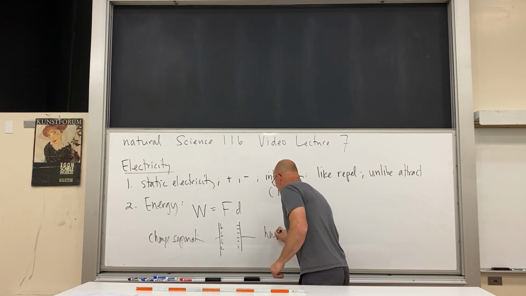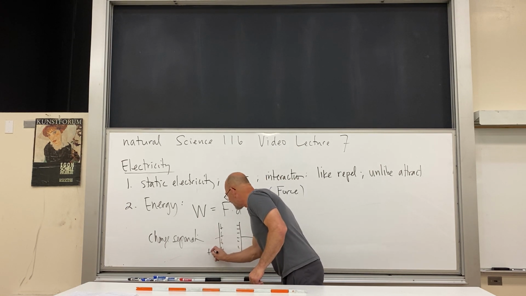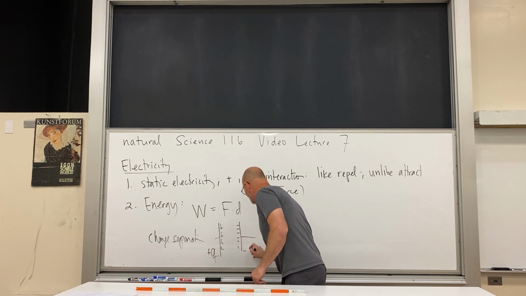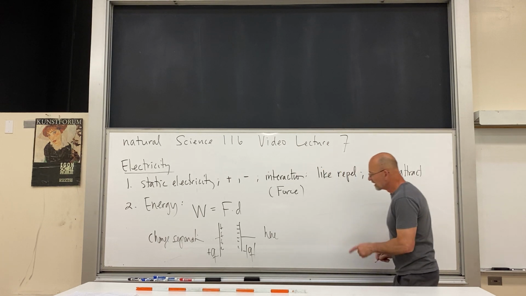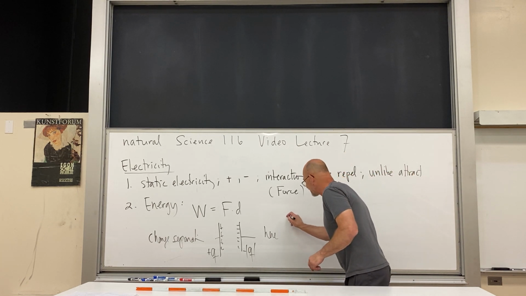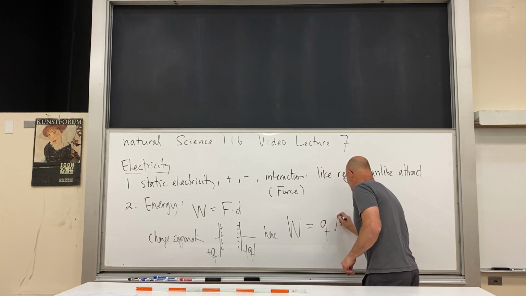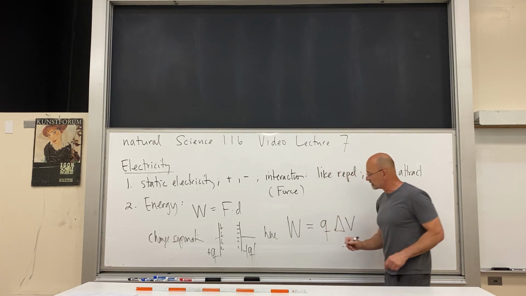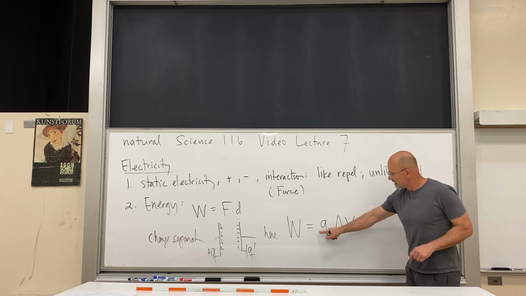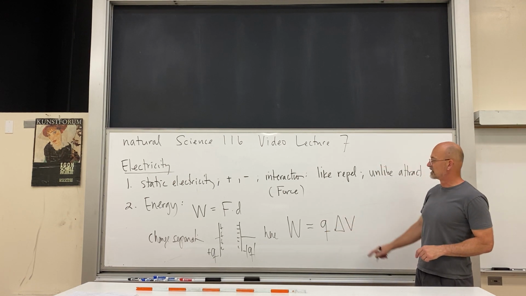So here, let's say we have positive Q on one side and negative Q on the other. We could say that this energy is Q delta V, and now we've introduced the idea of charge times voltage.